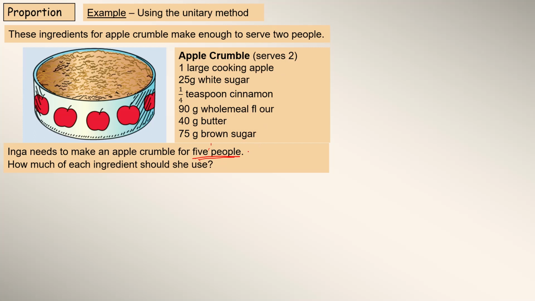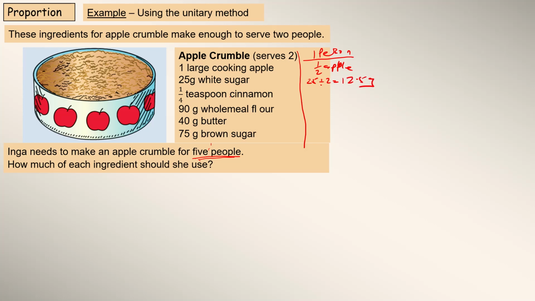So there are 2 ways of doing this. I could find the ingredients for 1 person. So if I draw a line here and do 1 person, I halve everything, just divided by 2. So that would be half an apple, half of 25 grams, so 25 divided by 2, which would give me 12.5.